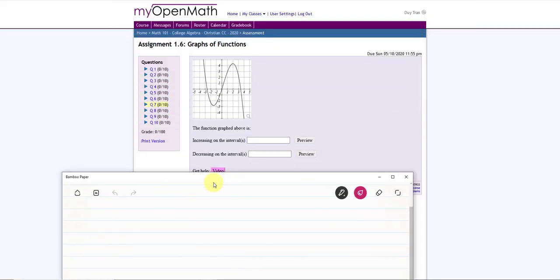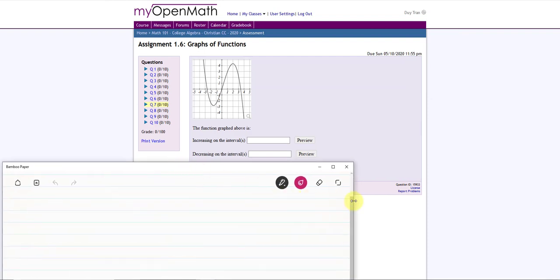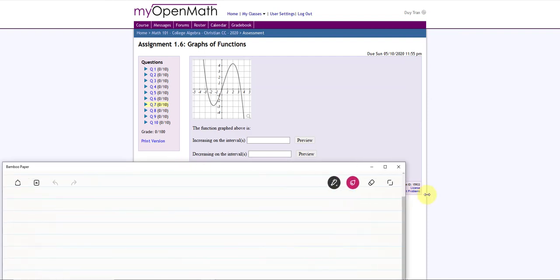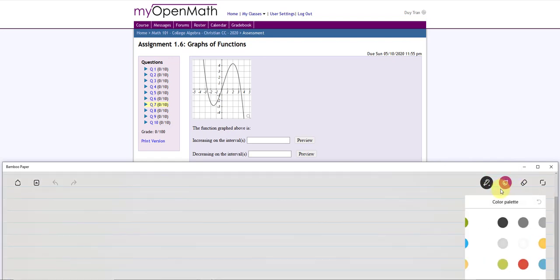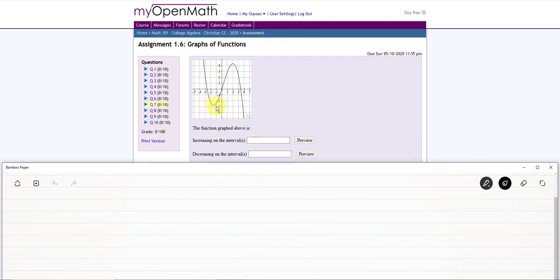Now, if you look at the graph here, we are looking for where your function is increasing, and you can see that your function is increasing from this point, this right here, and then all the way up to this point. From here to here is decreasing until here, and then from here is increasing until this point.